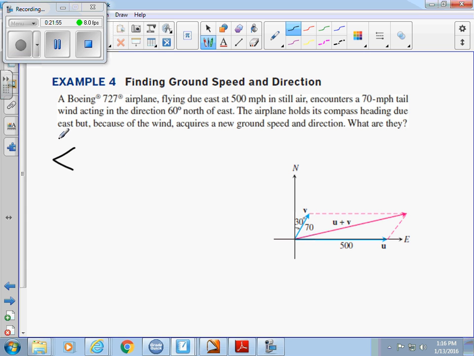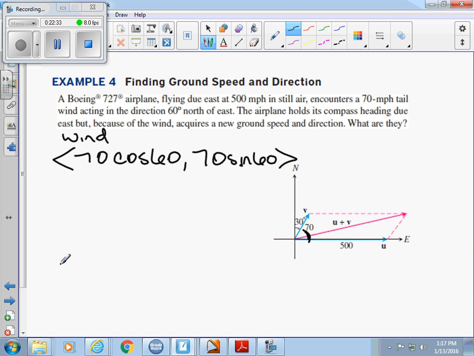What would component form for the wind be? The x value would be 70 sine of 30, and the y value would be 70 cosine of 30. Oh, wait, because you switched it to 30. Okay, yeah. Good. Both of you are right. I'm going to go with the 60. Would you all agree that this angle is 60 degrees? Okay. So I'm going to go 70 cosine of 60 and 70 sine of 60, just to stick with the formula.